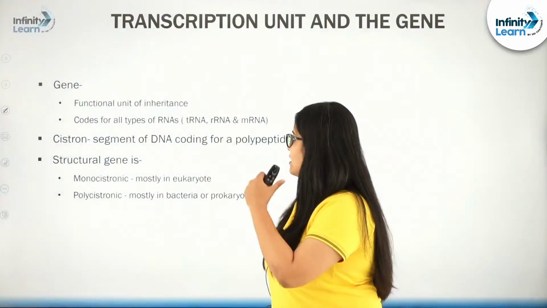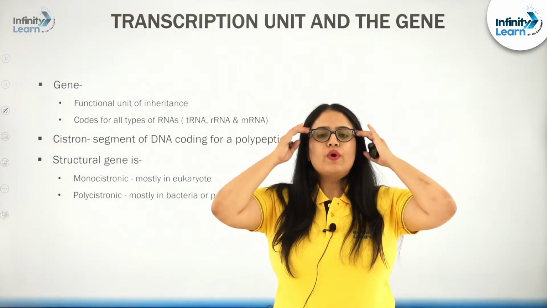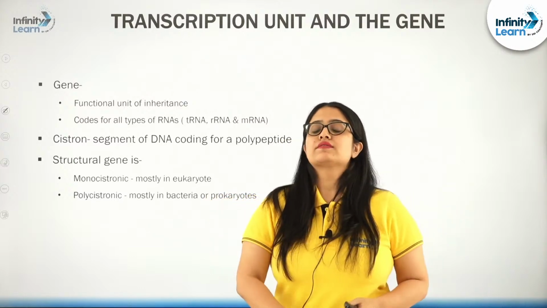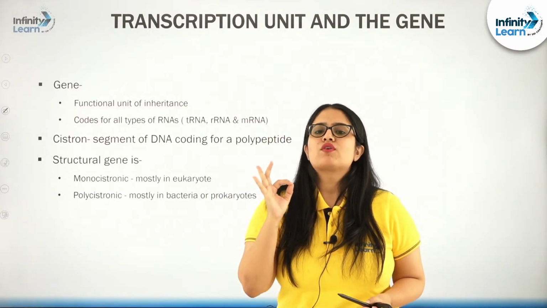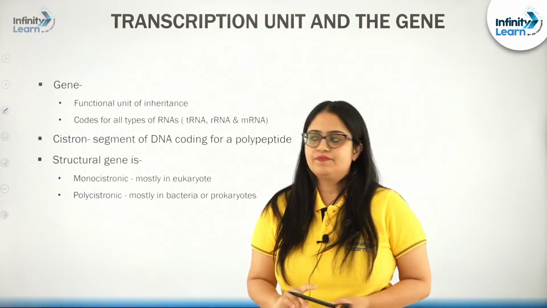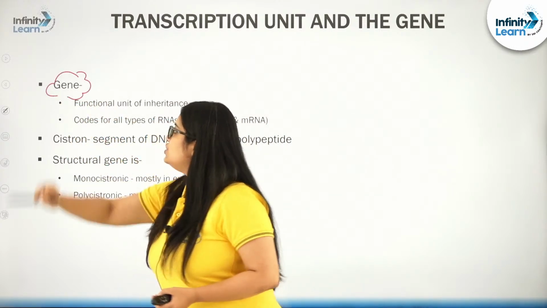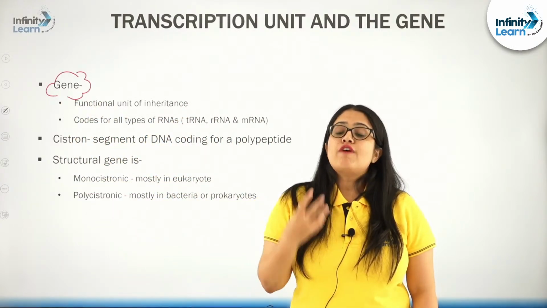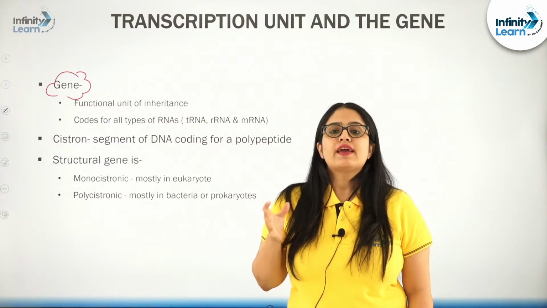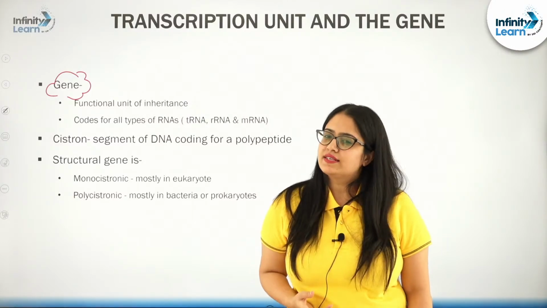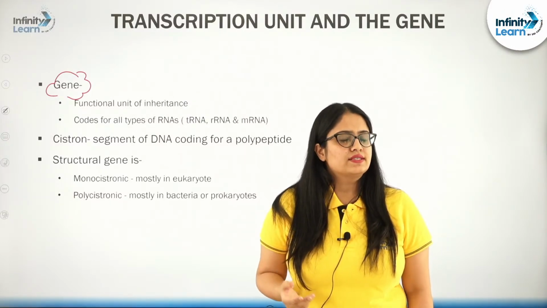Let us start the class, students. Yes, we will start the class with the very important term, that is gene. See students, what is a gene? Gene is the functional unit of inheritance. That is what your NCERT says. What is inheritance?